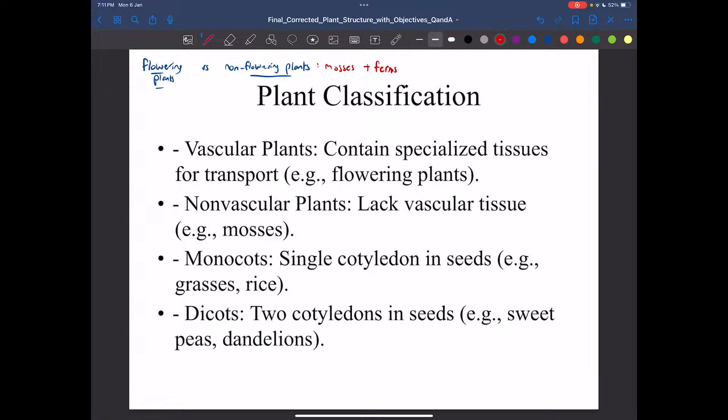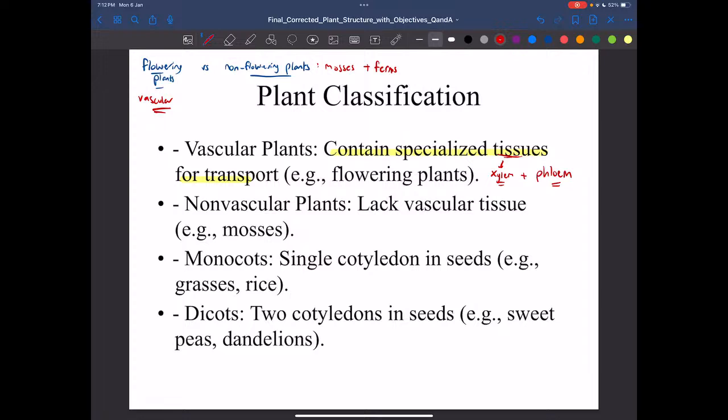And there are many. Usually flowering plants are vascular. What do we mean when we say we have vascular plants and non-vascular plants? Vascular plants contain specialized tissues for transport, and these specialized tissues are xylem and phloem. Now who can tell us what xylem transports and what phloem transports?